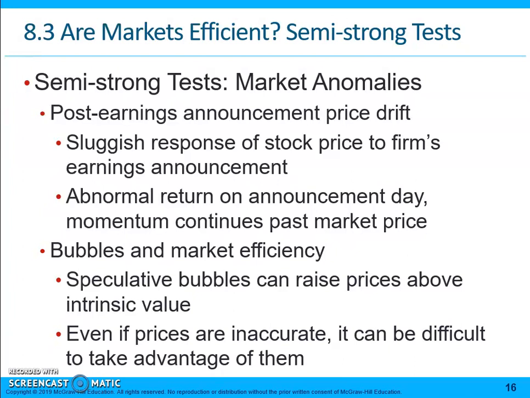Momentum continues for some period of time after that. Bubbles. We've all seen speculative bubbles, where prices go above their intrinsic value or below. But even when prices are inaccurate, it can be difficult to take advantage of them because we don't ever know when the markets are likely to correct.